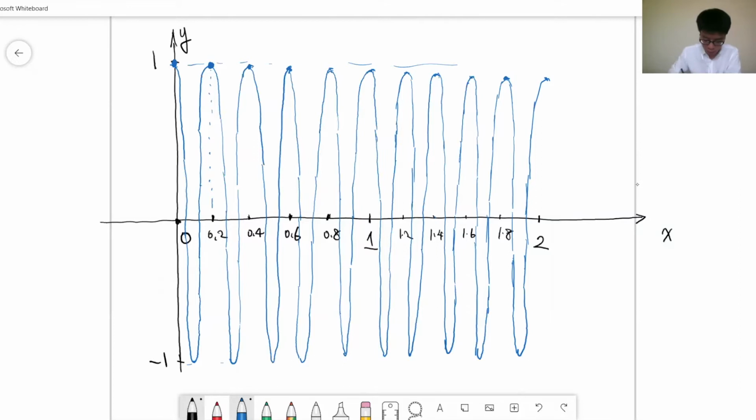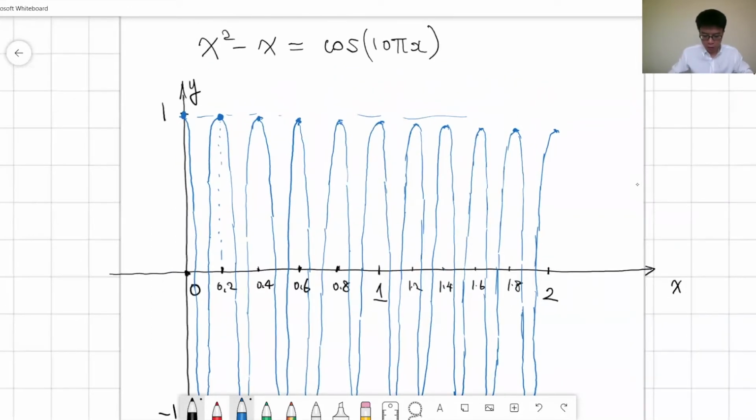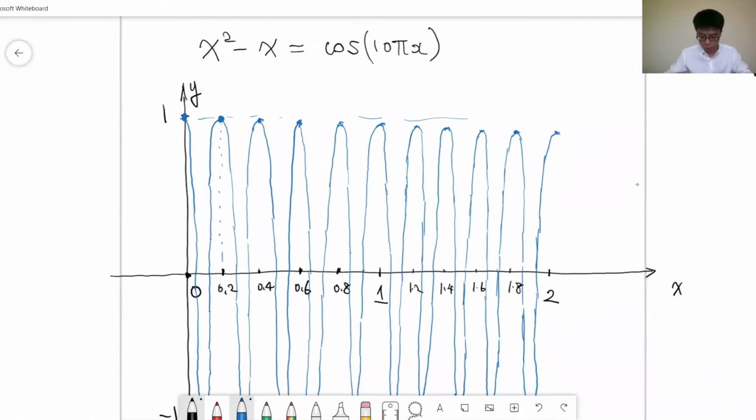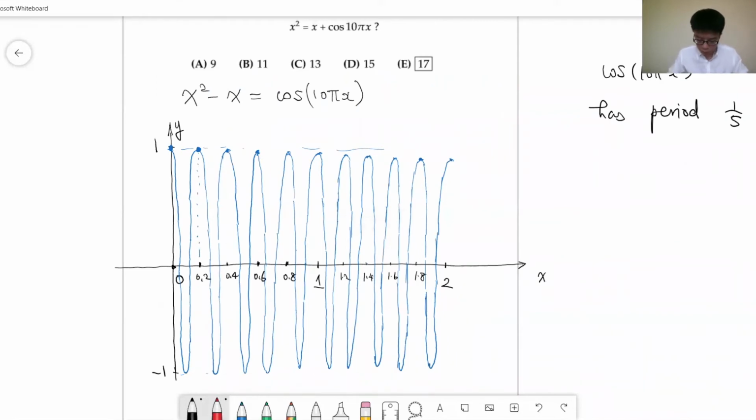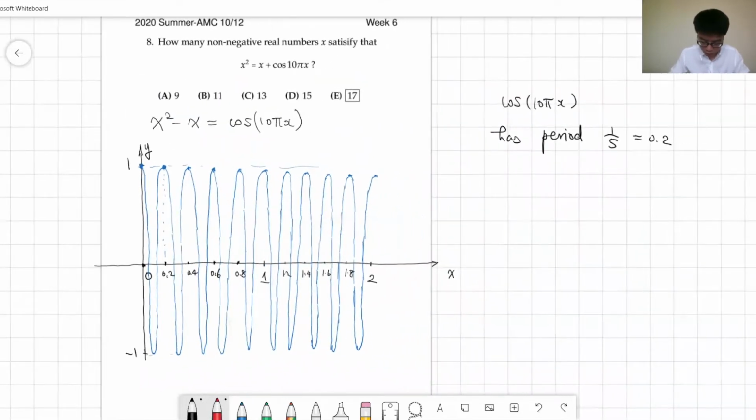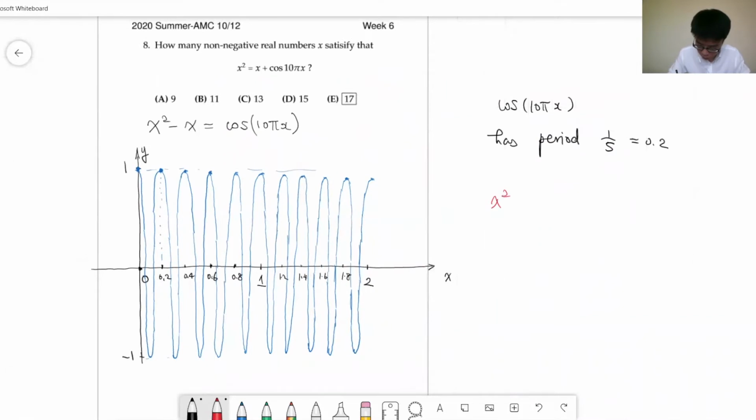This is just minus 1. Now, let's draw the other graph, x squared minus x. Because cosine is between minus 1 and 1, if x squared minus x is larger than 1, there will not be any intersection.